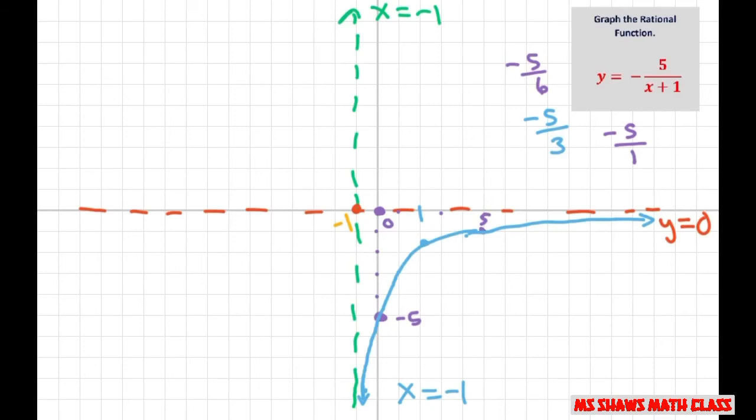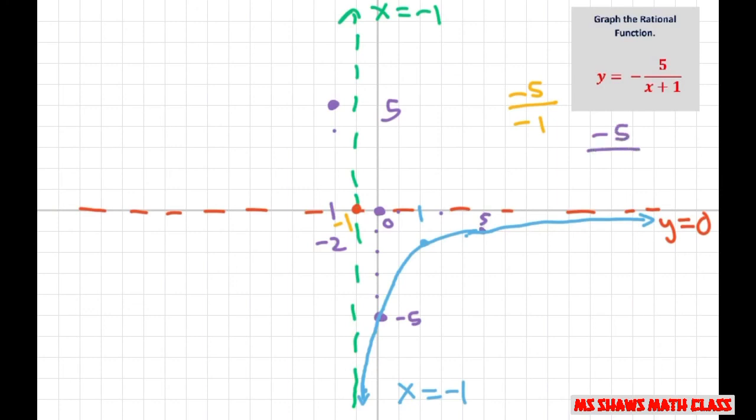Now let's look and see what's going on the left. So let's plug in negative 2. If I plug in negative 2 here, I get negative 5 divided by negative 1, that equals 5. So we go up to 5. 1, 2, 3, 4, 5. All right. And then you can plug in some more points. Let's plug in negative 6.